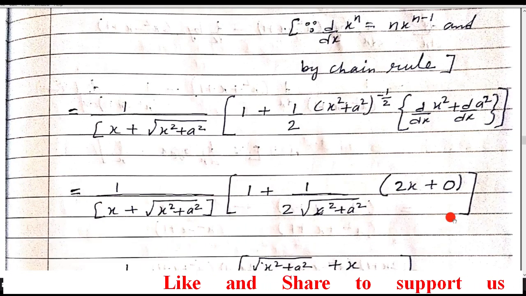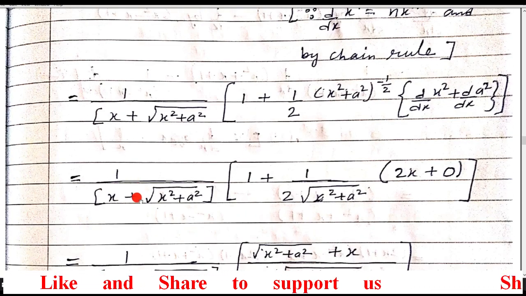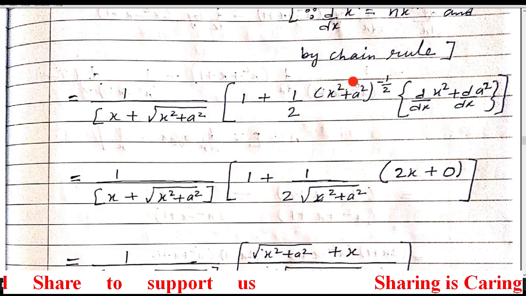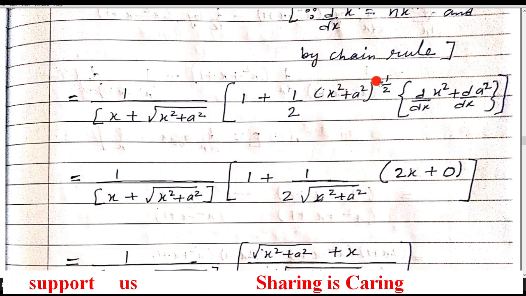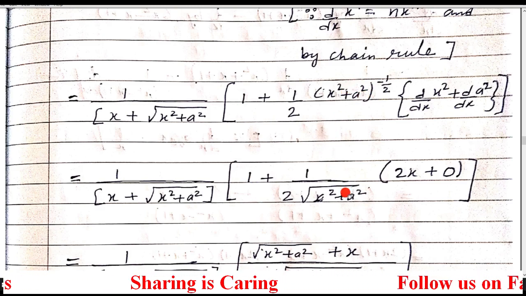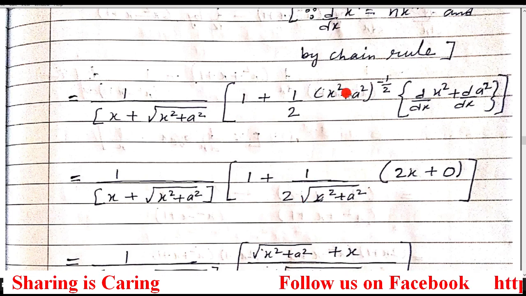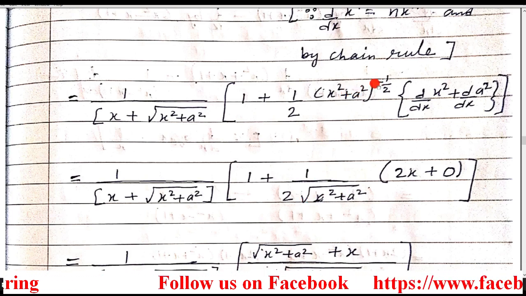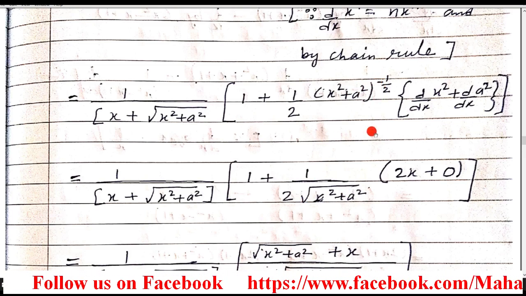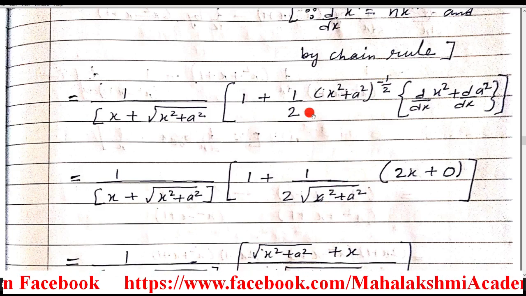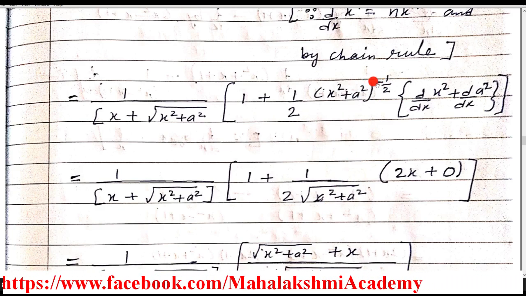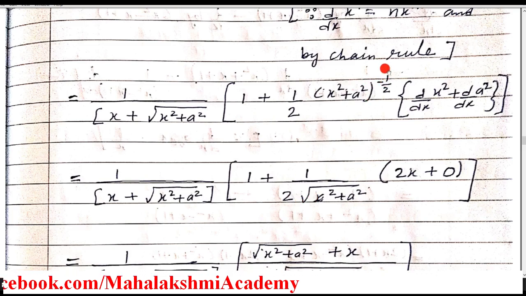Now this term came as it is, this 1 came as it is. Now minus half: since the power is negative, it will go to the denominator, and the half we can write as root. The minus sign is what brought it down with this 2. So it becomes root x square plus a square.